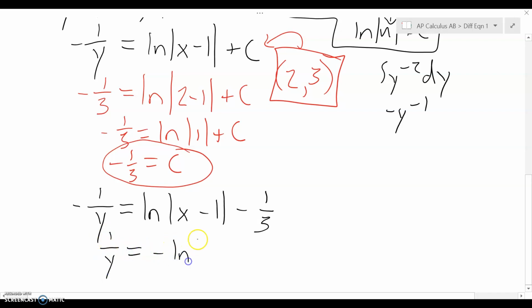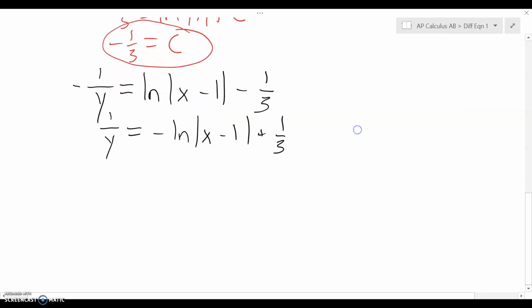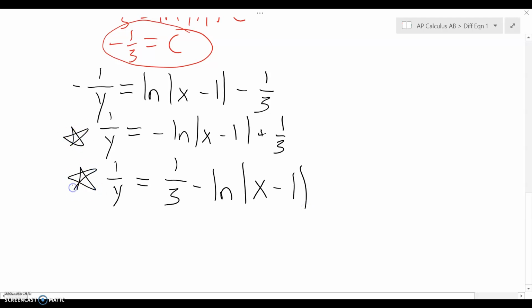And that would make a negative ln of x minus 1 plus 1/3. You can write it this way, although convention typically is take the positive number and set it out front of the negative term. It is not necessary to reorder it. You can leave it in either of these two fashions before we do our next and our final step.